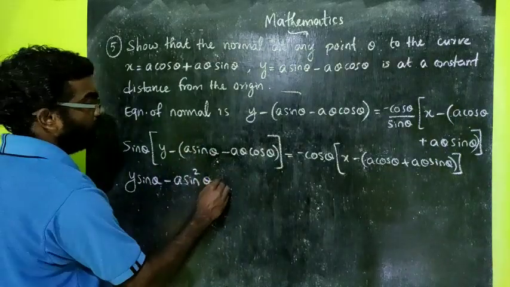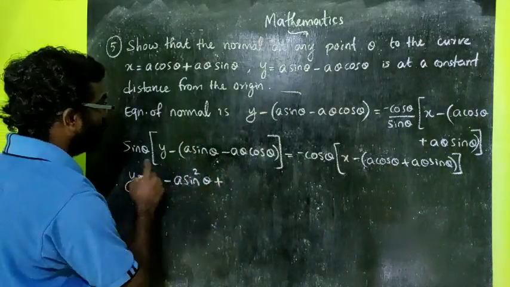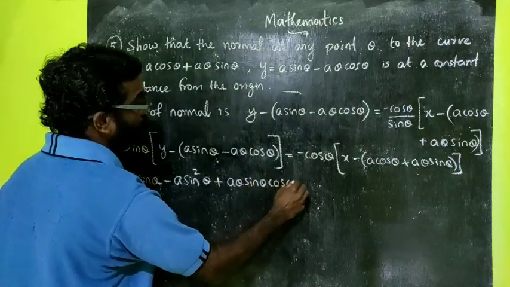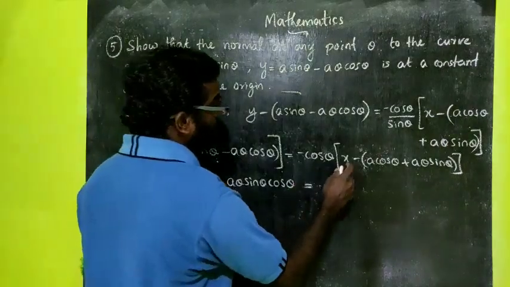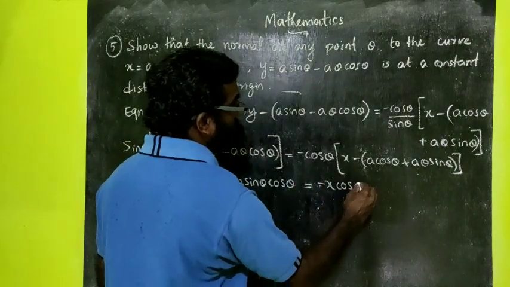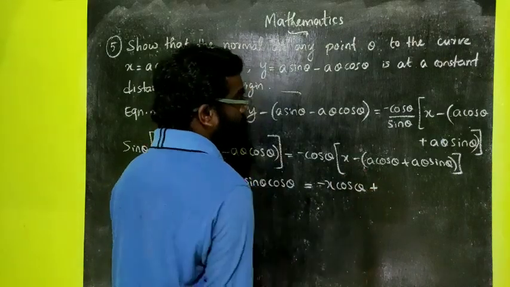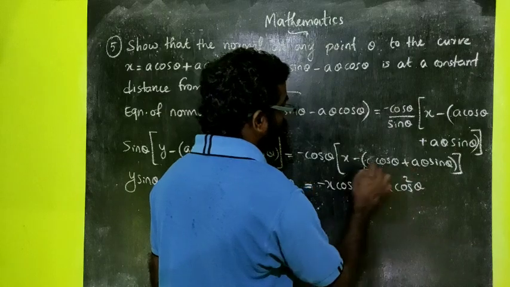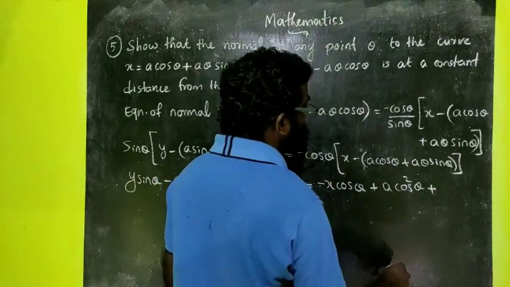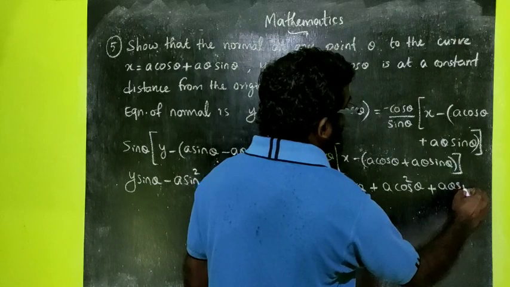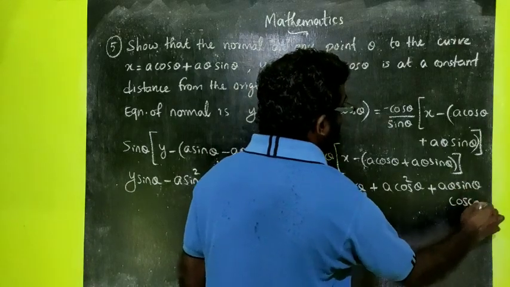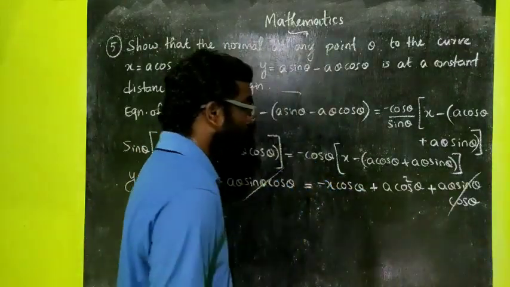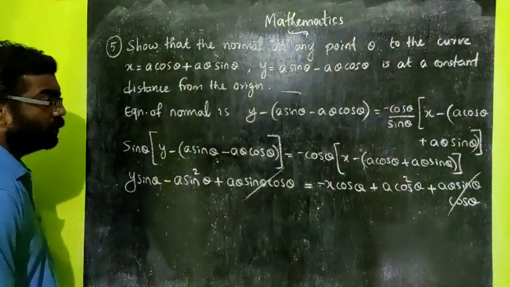Okay, minus of minus, plus A theta cos theta into sin theta, so A theta sin theta cos theta, which is equal to, here also we can multiply, minus x cos theta, minus of minus, plus A cos square theta, then minus into plus minus, so plus A theta sin theta cos theta. Okay, we can cancel A theta sin theta cos theta on both sides, and we can rearrange the terms.